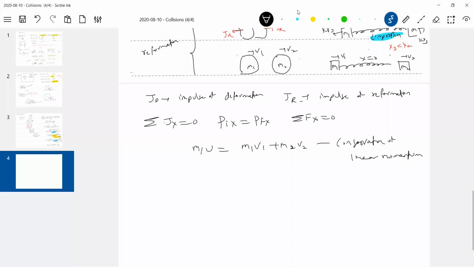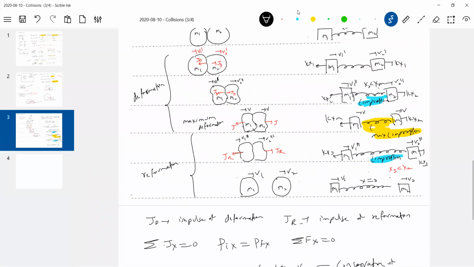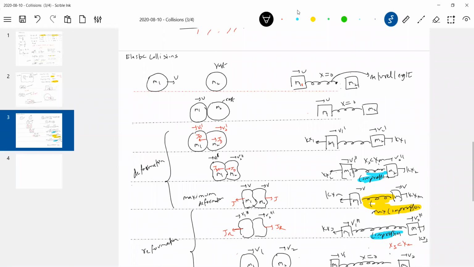So in collisions, can you apply conservation of linear momentum? The answer is yes, very much. Because net impulse acting during impact will be 0.